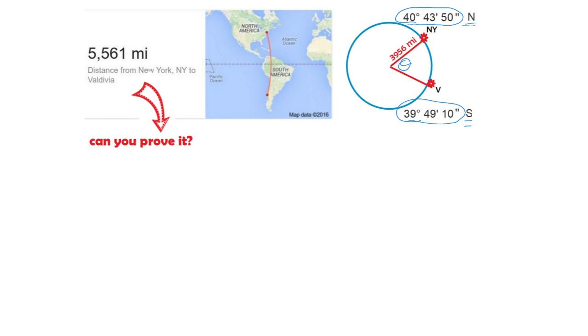So what this is saying is if I had the equator right here, that this is 40 degrees upward, 40 and some. This one is 39 degrees downward. So if I want to know the entire angle, well, I would just add those two angles together. So I'm going to take this angle plus this angle.